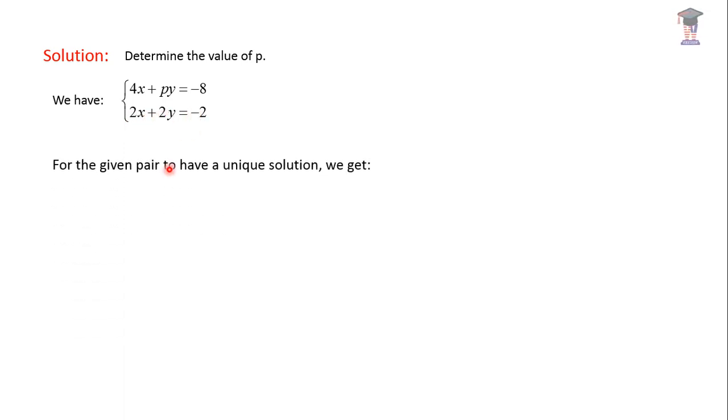To have a unique solution, we need to compare the ratio of the coefficients of x, a1 over a2, and of y, b1 over b2. If they are not equal, the simultaneous equation has a unique solution.